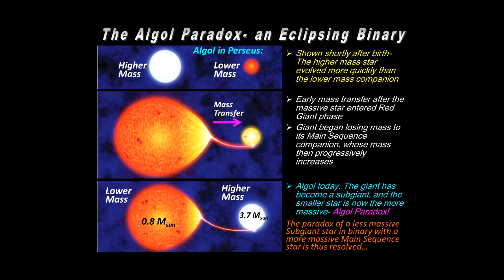So we see that the paradox is resolved when we recognize the extremely large amount of change that takes place with these stars as a result of the transfer of mass from one to the other. This will become very important when we study the death of stars, which is black holes, white dwarfs, and neutron stars, and how they are affected by mass transfers in binary systems.